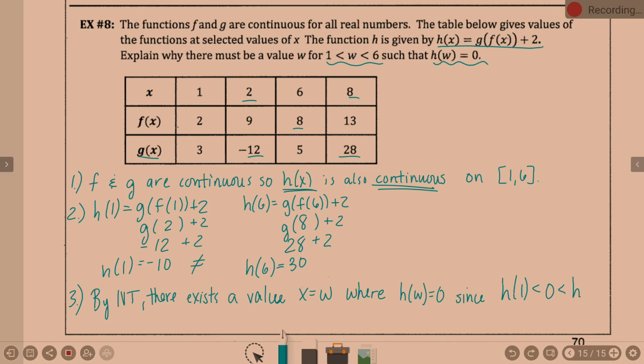And that is on the interval 1 to 6, so 1 less than w less than 6. All right. There you go.